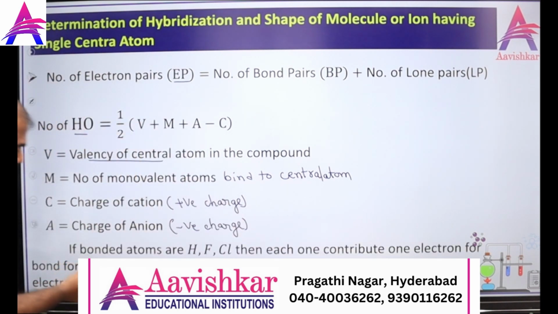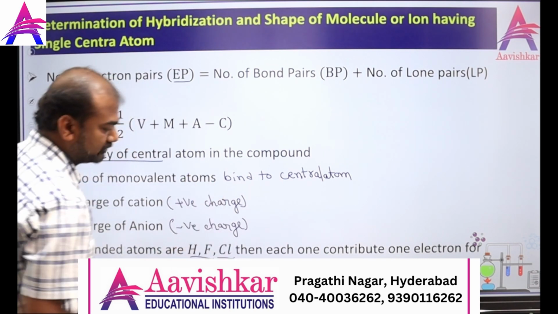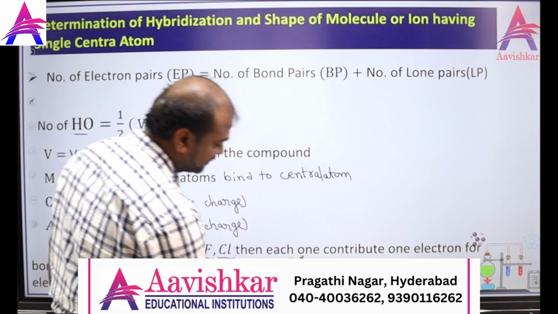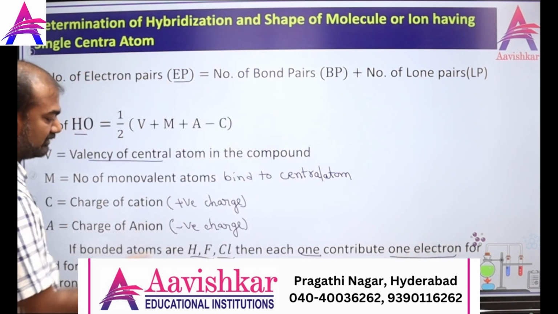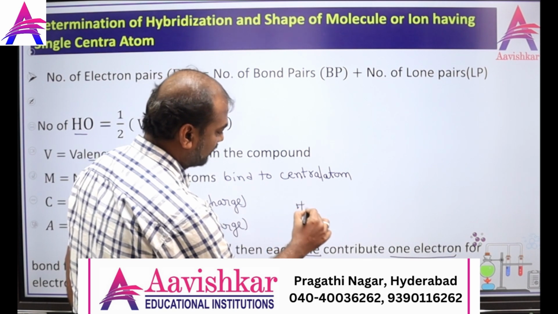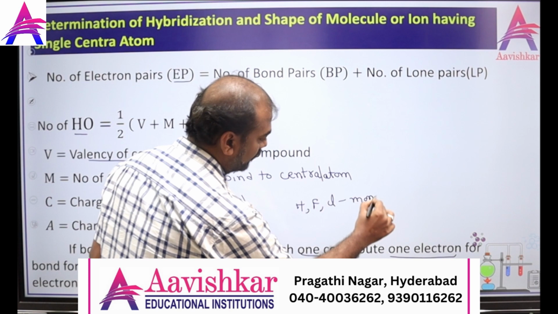Next, if the bonded atoms are hydrogen, fluorine, chlorine, which are called monovalent atoms, then each one contributes only one electron.